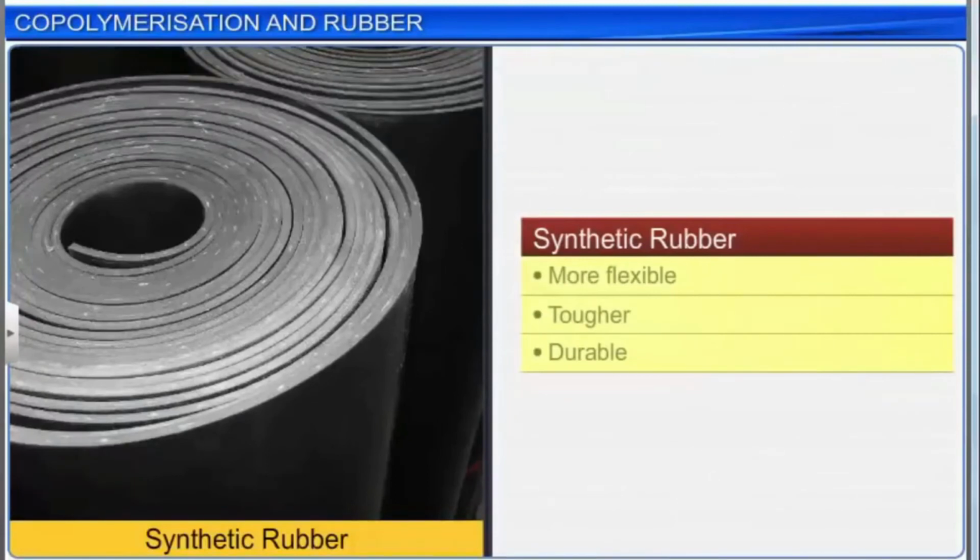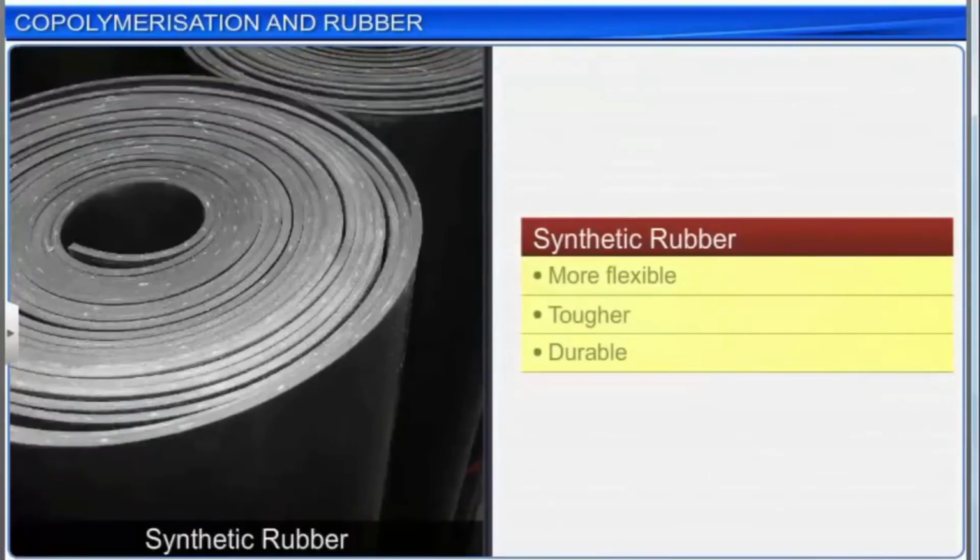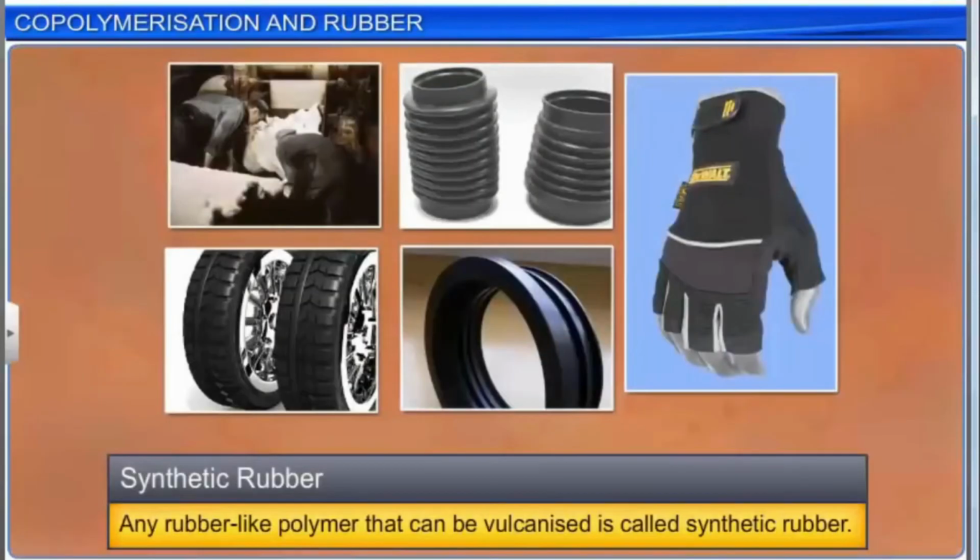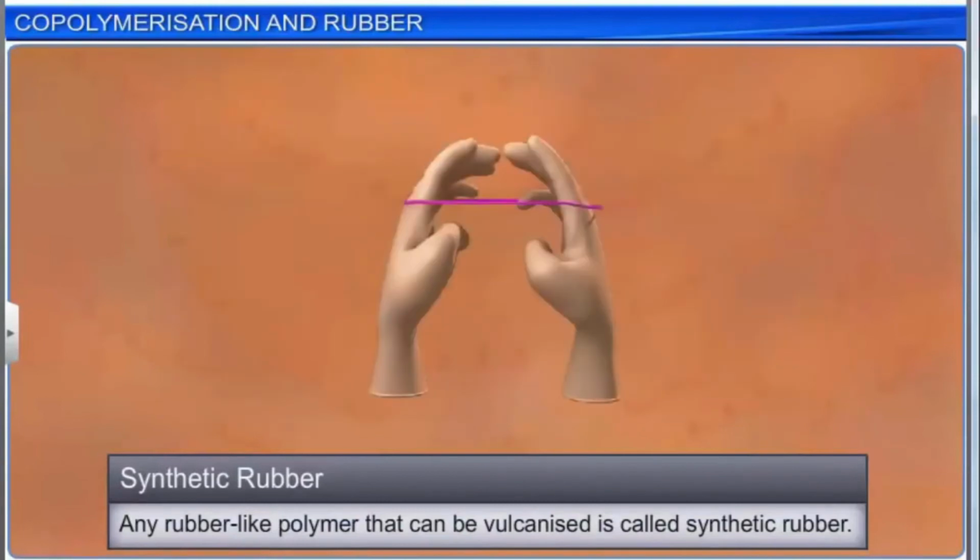Synthetic rubbers have also been developed. These are more flexible, tougher and durable than natural rubber. Synthetic rubber can be defined as any rubber-like polymer that can be vulcanized. Synthetic rubber must be elastomeric.